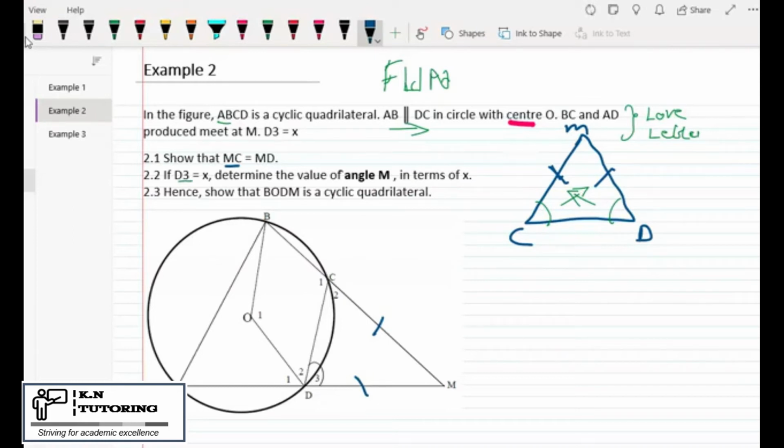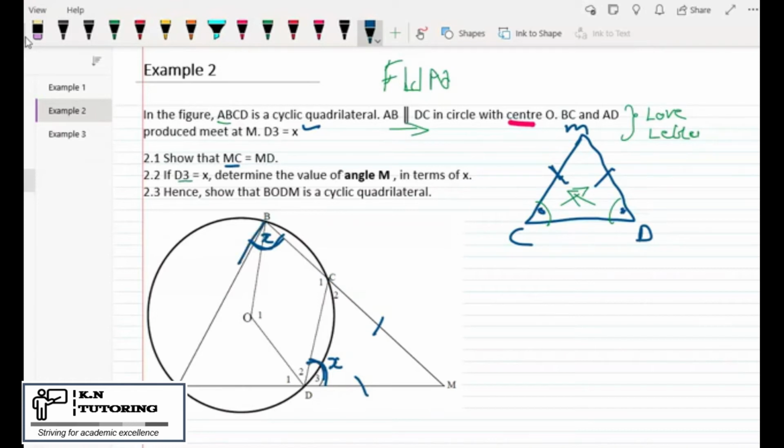Alright, so I need to prove that this angle is equal to this angle. Let's go and see. I've been told that D3 is equal to x. It was given to me there. And I showed before that this angle is equal to that angle. Why? Because the exterior angle of a cyclic quad is equal to the interior opposite angle. And then from there I say, wait, I didn't just get this B is equal to x. I need to check what this B equals to.